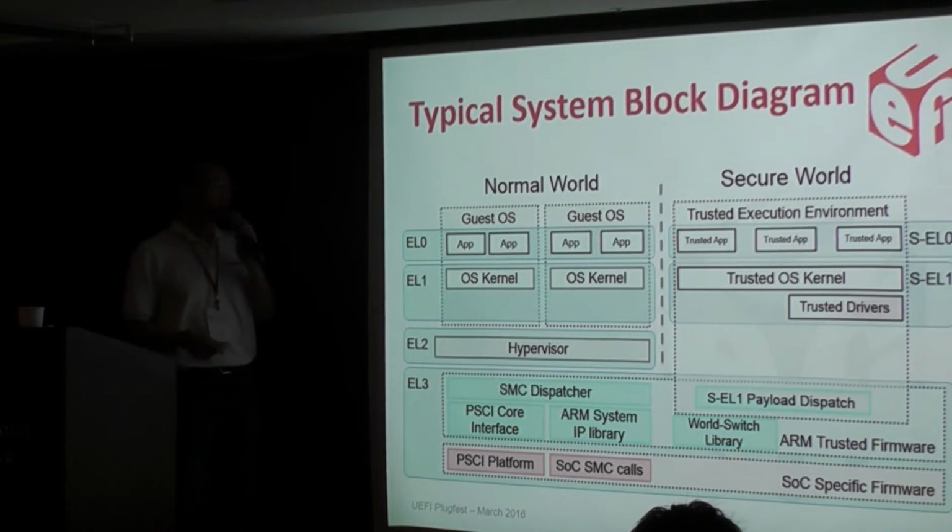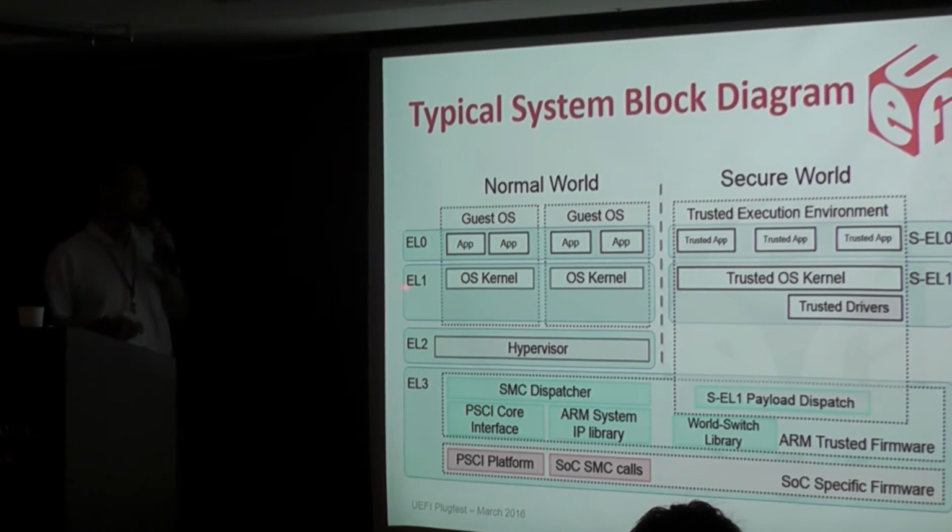Here is a typical system block diagram. We just explained the different exception levels, and there are normal ones and the secure one, with a typical implementation. The Trusted Firmware resides in EL3 and manages the switch between the normal world and the secure world. It's also in charge of dispatching the Trusted OS, if you have it.